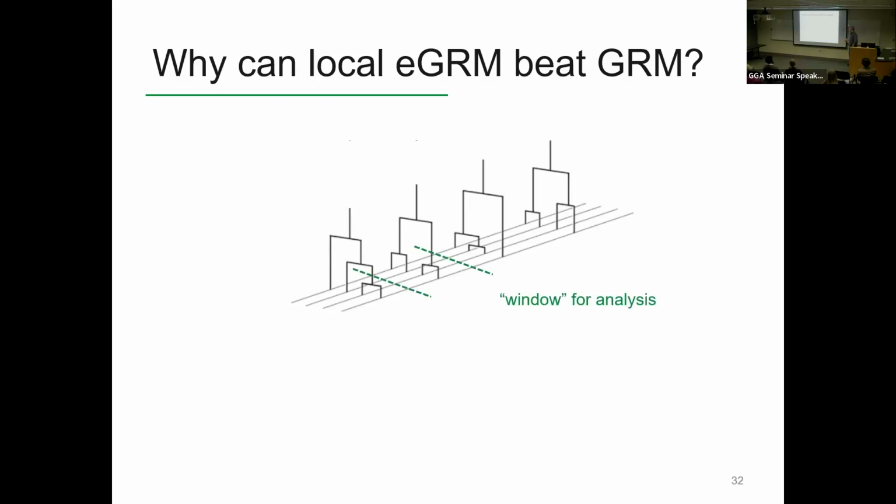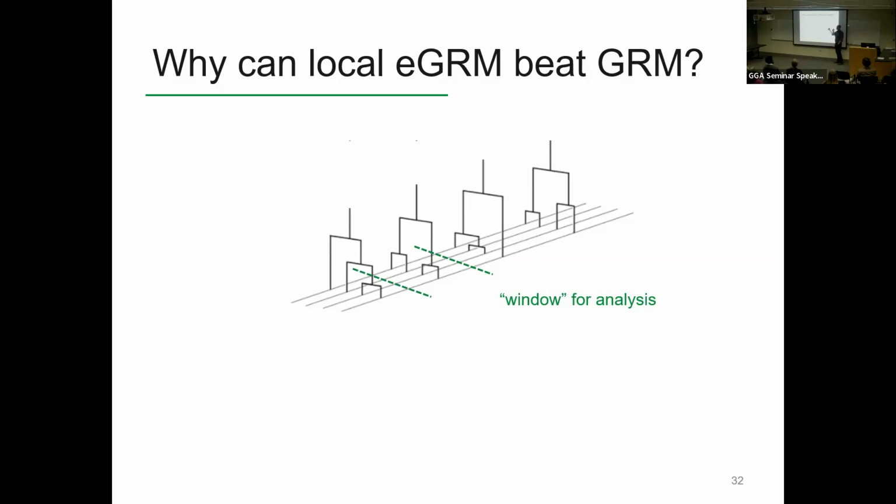Say that this is my analysis window that I'm testing, on some haplotypes, and there's this set of local trees describing the haplotypes in this region. If I'm doing a local GRM, I only get to use mutations that appeared in this little window.